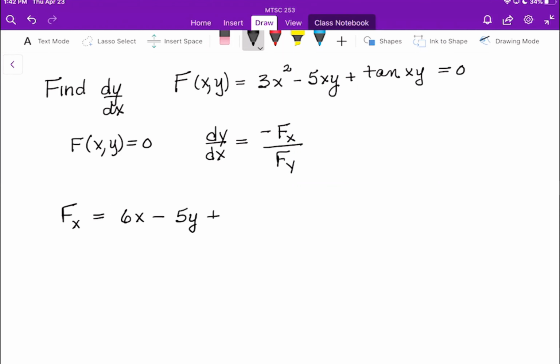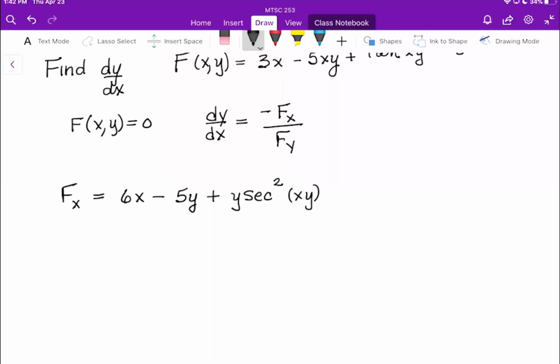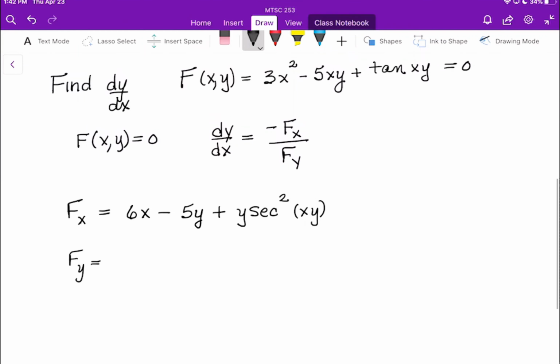And then the derivative of tangent is secant squared of xy, and the derivative with respect to x is just y. And then f sub y, well, the 3x squared goes away, so I get minus 5x. And then I'm going to get secant squared of xy, and the derivative of xy with respect to y is going to pull out an x.